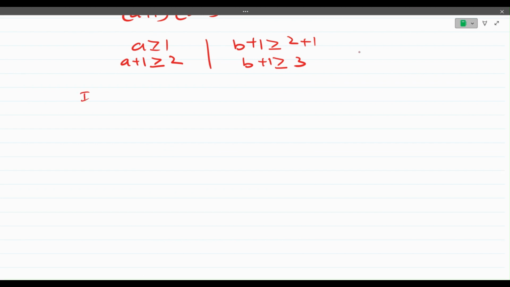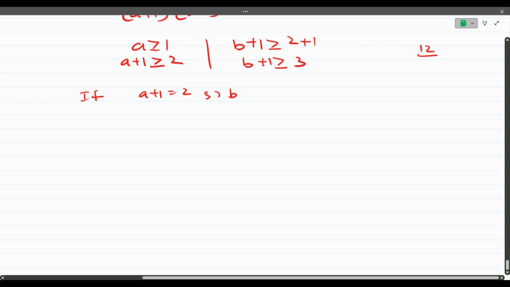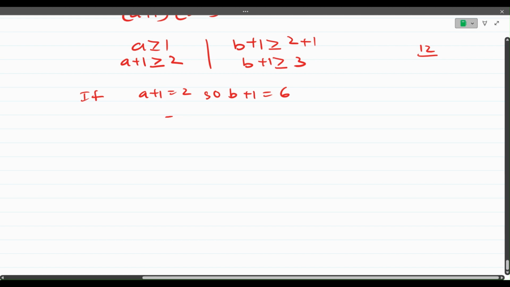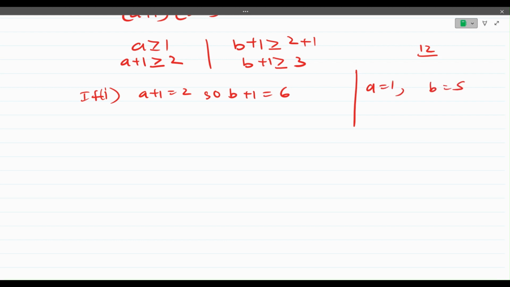See, what can happen, let's say a plus 1 is equal to 2. In that case, because their product is 12, b plus 1 will be equal to 6. It means a is 1 and b is 5. So this is the first case. All right. So let's say, what if a plus 1 is greater than 2?